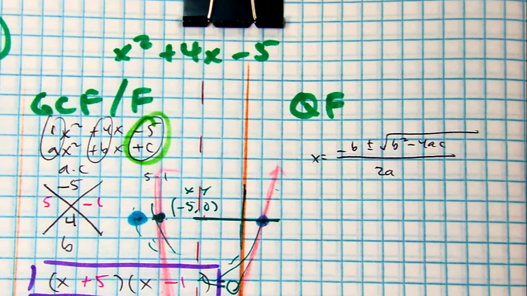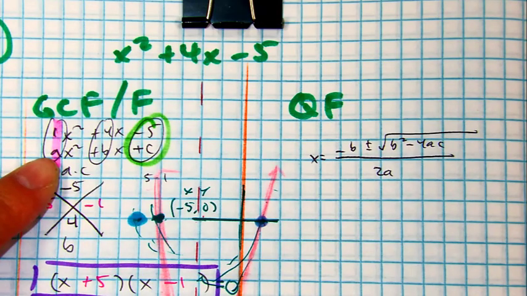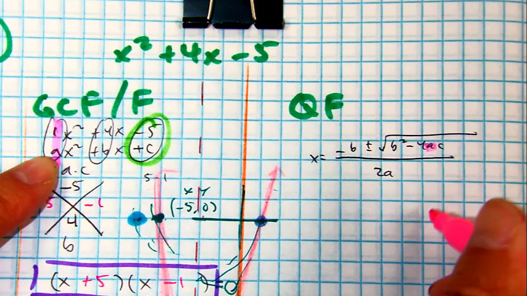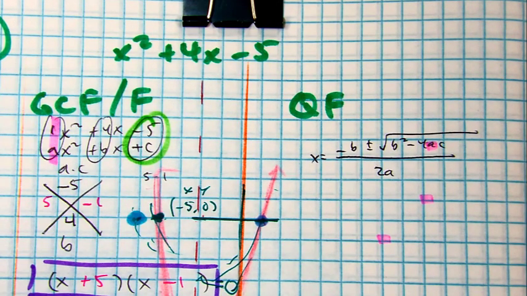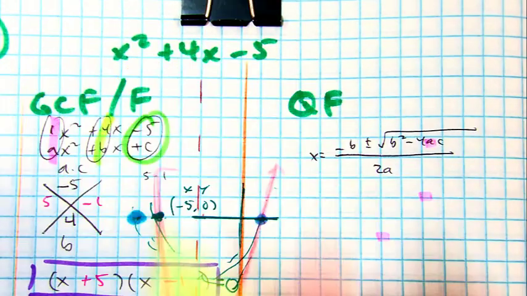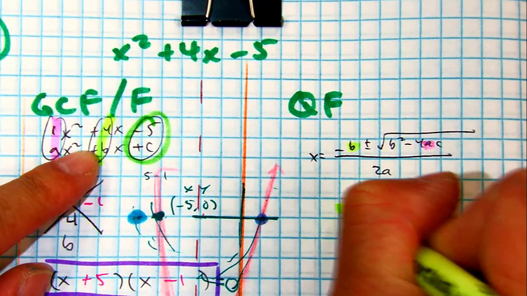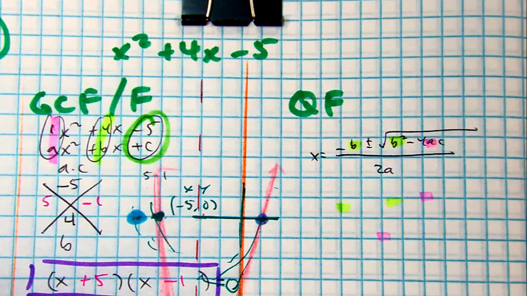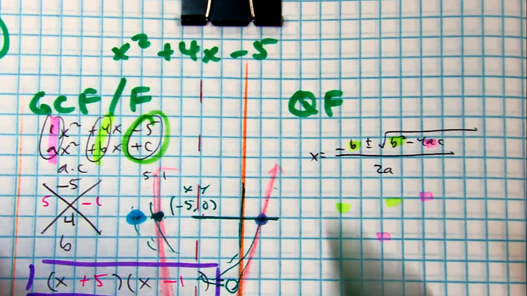And what I'm going to do there is just substitute in my values. My a value is 1, so 1's going to go there and there. My b value is 4, so every b value, I'm going to put in 4. And every c value is going to be negative 5.